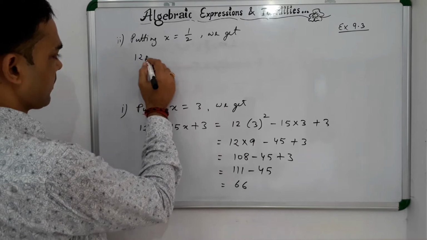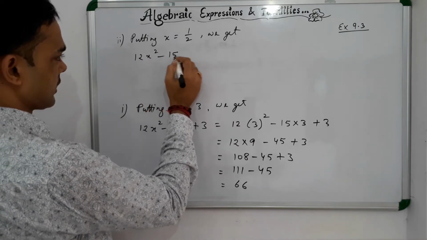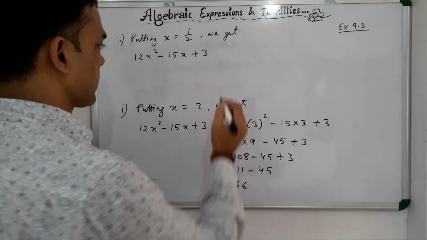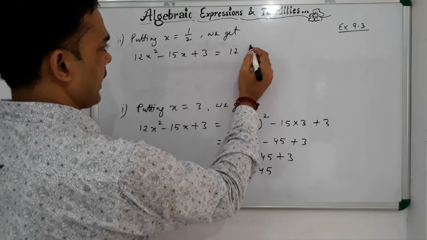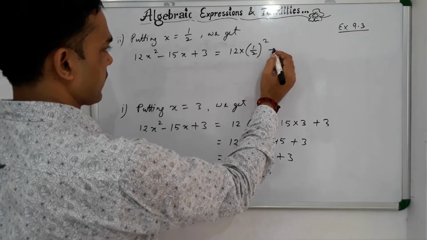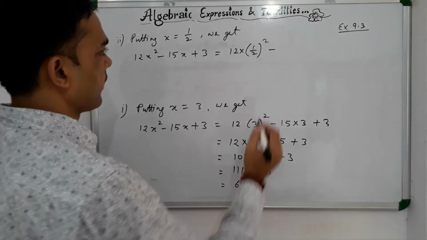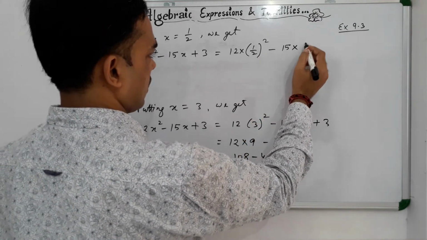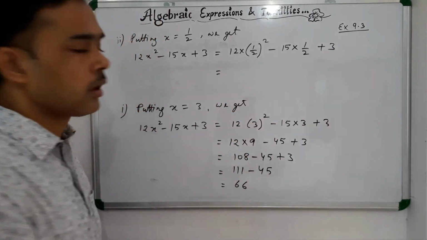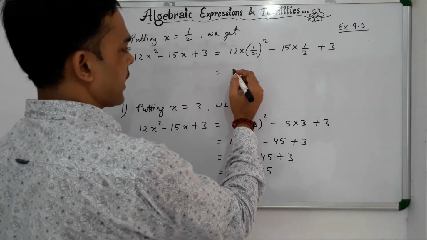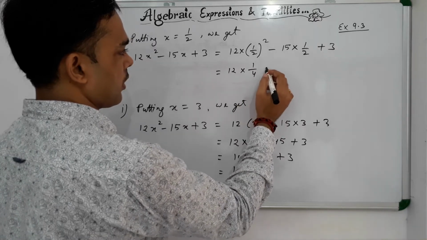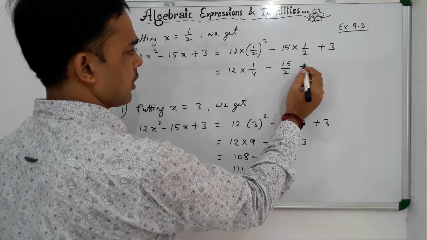We have to once again place it in the same expression, that is 12x square minus 15x plus 3. x has to be substituted by 1 by 2, so 12 into 1 by 2 square, minus 15 into 1 by 2, plus 3. So 12 into 1 square will be 1 and 2 square will be 4. Minus 15 by 2 plus 3.